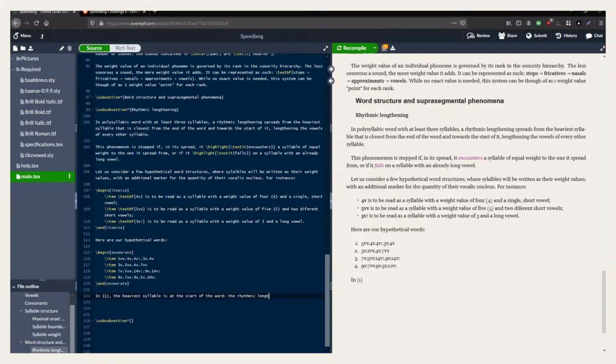The rhythmic lengthening cannot spread further to the left edge of the word and is thus... Oh, and is just nothing actually. I'm just going to go with that. No lengthening. Lengthening, yeah. No lengthening occurs.